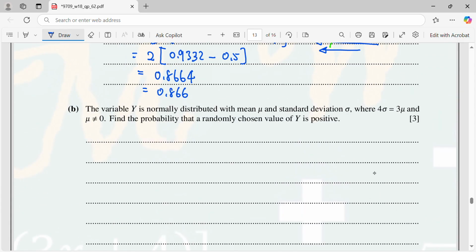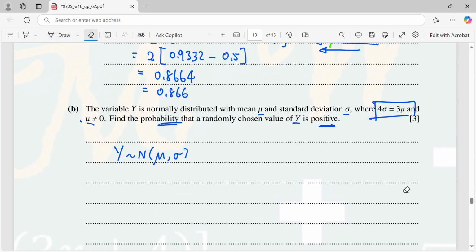Okay, next part B. The variable y is normally distributed with mean mu, standard deviation sigma, where 4 sigma is 3 mu, and mu is not equal to 0. Find the probability that a randomly chosen value of y is positive. Okay, so it's mentioned y is normally distributed with mean mu and standard deviation sigma.